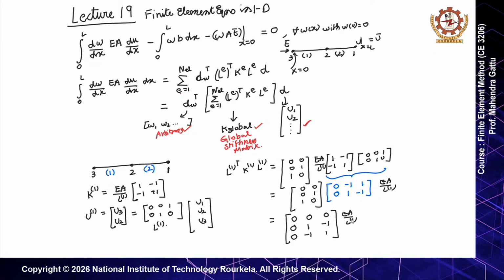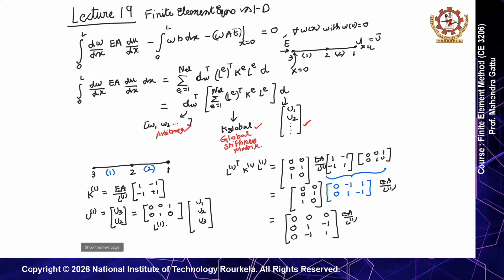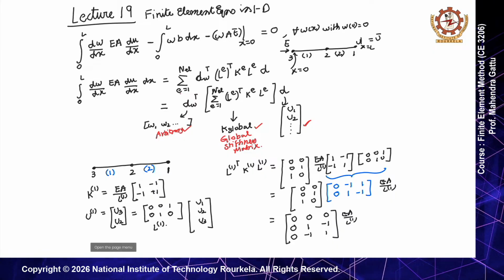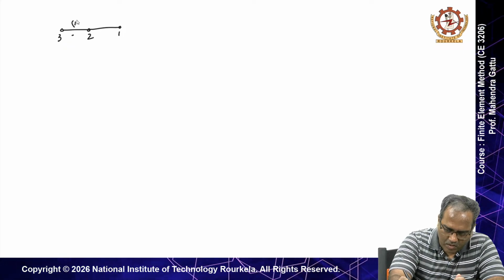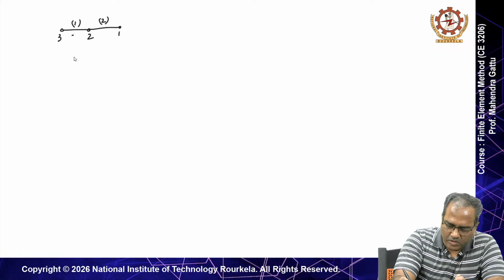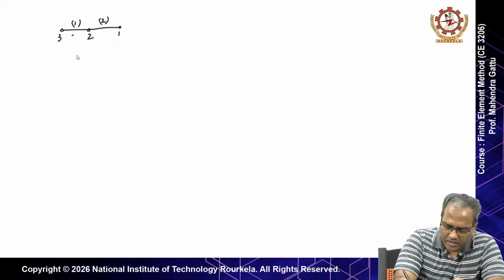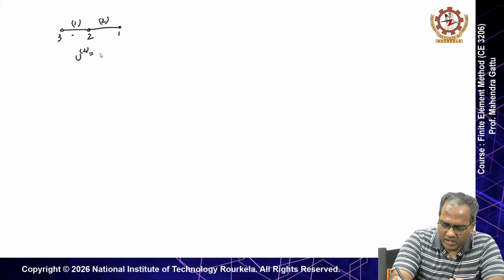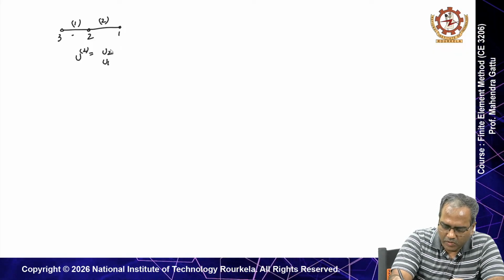Now, let us look at the L2 transpose K2 L2 term. For that we have to look at the second element, which has nodes U2 and U1. Let us sketch it one more time. We have the second element displacement vector as U2 and U1.